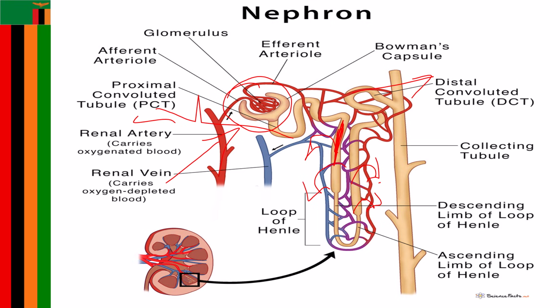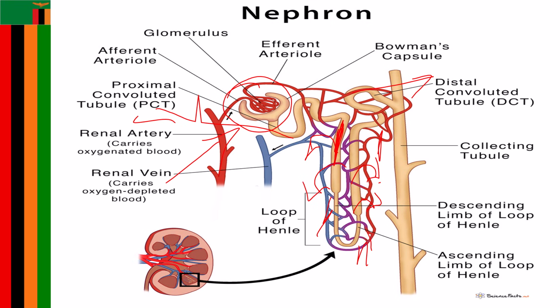Then when we say tubular secretion, again, when you come to the peritubular capillaries, which are these capillaries surrounding the nephron, there are certain electrolytes which may not have been filtered at the time when glomerular filtration was taking place, but they are still in the blood and they don't go to the Bowman's capsule or the glomerulus itself.